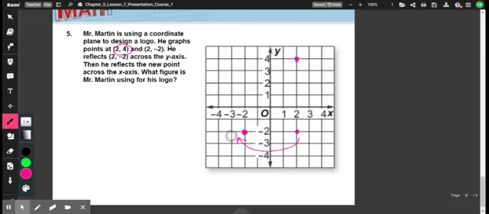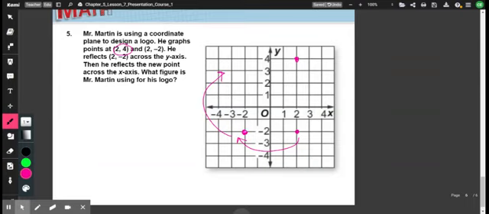So now we're taking this dot and now we're flipping it to this one. All right. So now -2 will stay the same because when we're flipping it across the x-axis, the y is going to change.